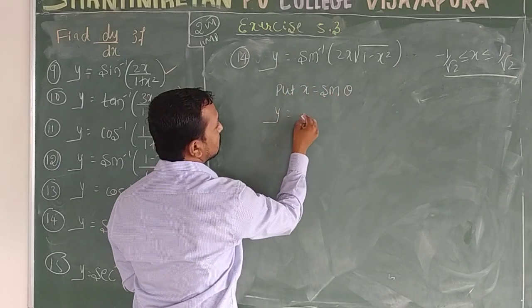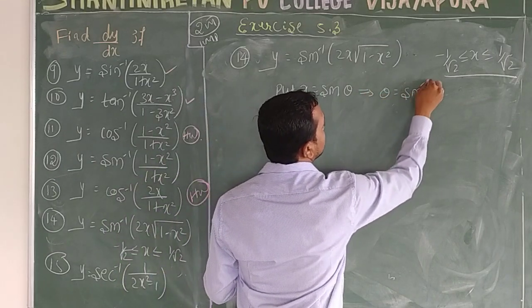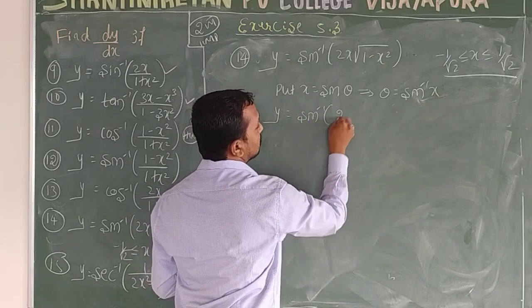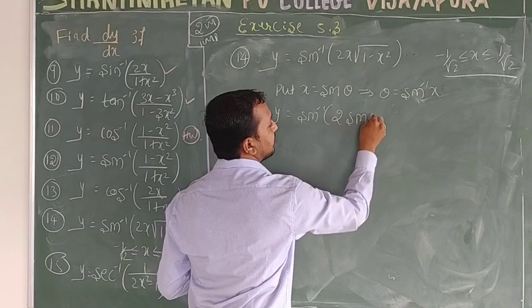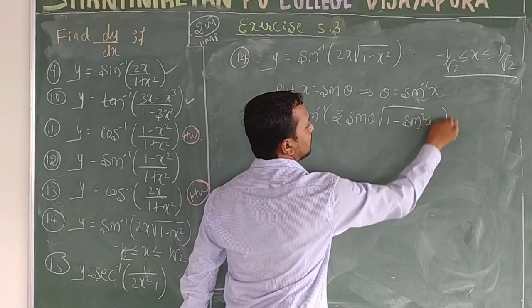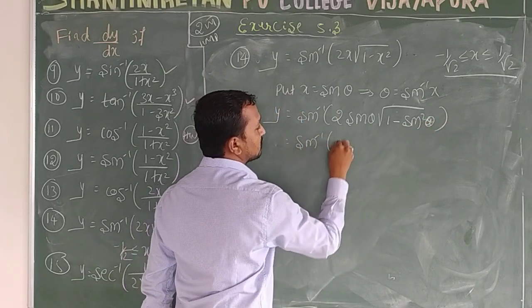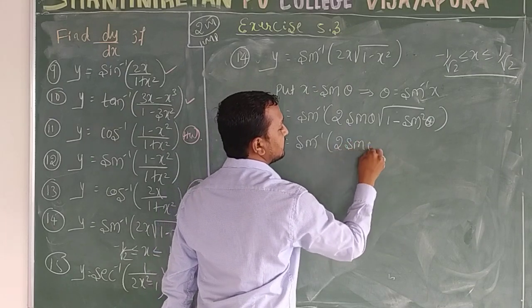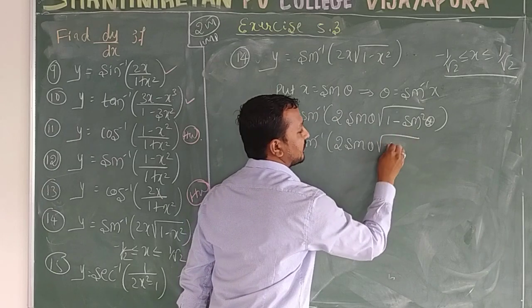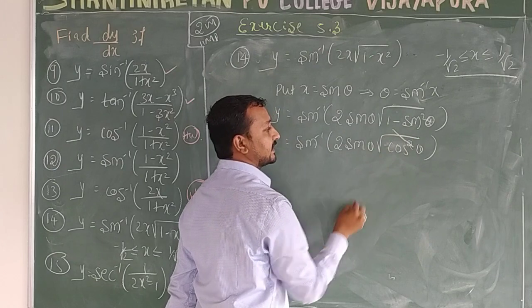Then this implies that theta equals sin inverse of x. Sin inverse of 2x root of 1 minus x square, where x is sin theta and root of 1 minus x square is root of 1 minus sin square theta. Is that clear? 1 minus sin square theta is cos square theta, so square and root get cancelled.